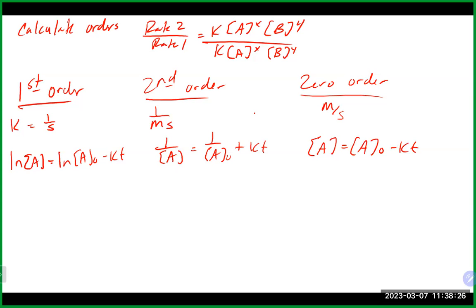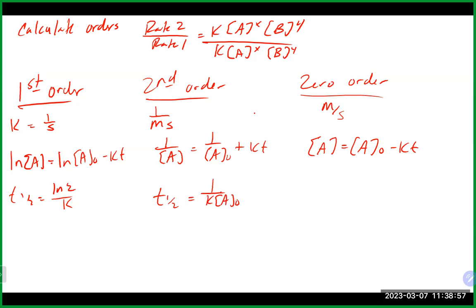Now, each of these also has a specific half-life equation that goes with it. Remember that the half-life is the time it takes for half of whatever you started with to go away. For first order, it's the natural log of 2 over the rate constant. For second order, it is 1 over k times the initial concentration on the bottom.